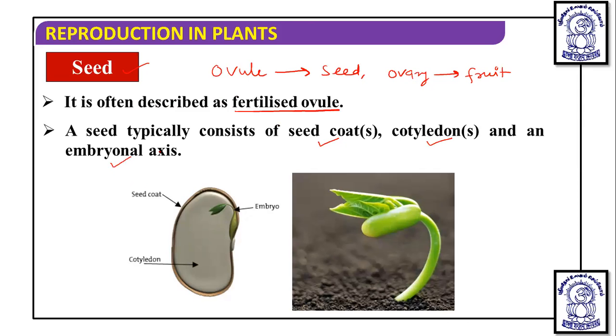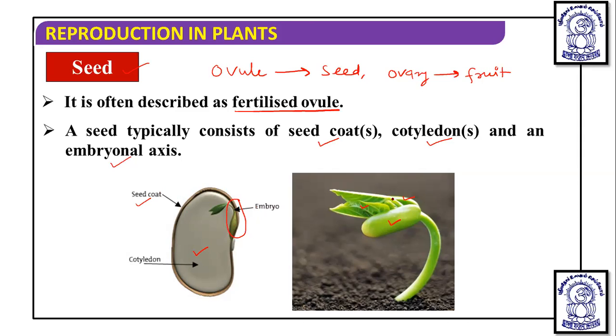This part is a cotyledon, this part is a seed coat, and this part is representing the embryo, which can be shown here in detail. This is the embryonal axis, and these are the cotyledons, the leafy structures showing a developing embryo.